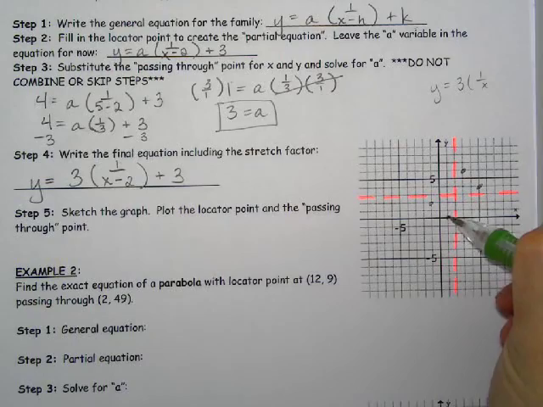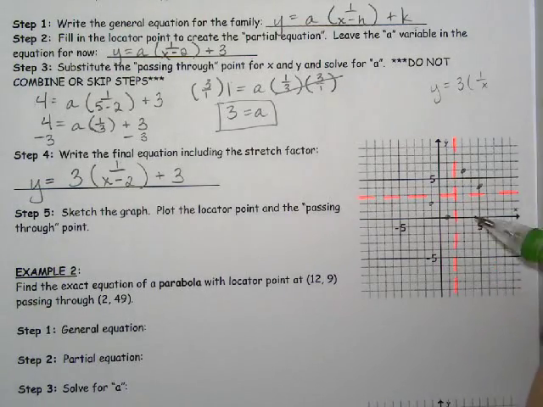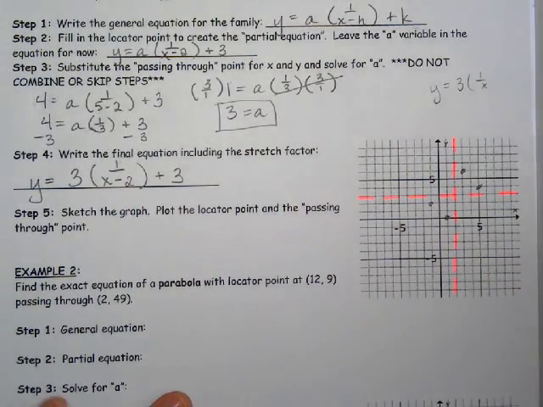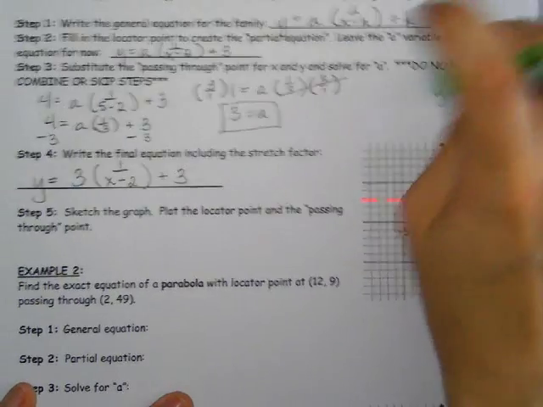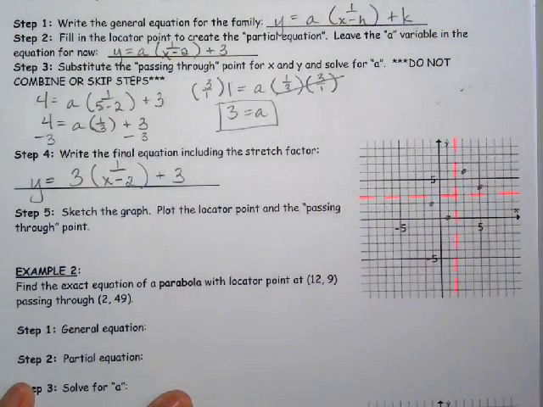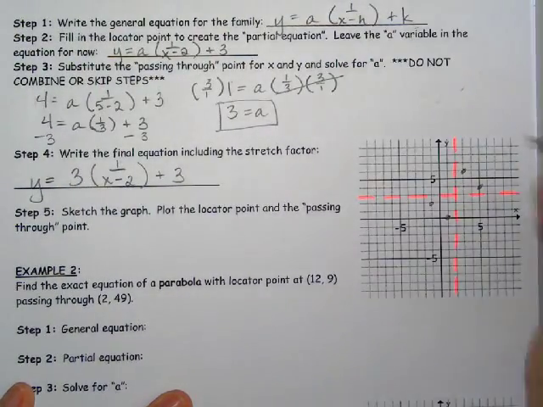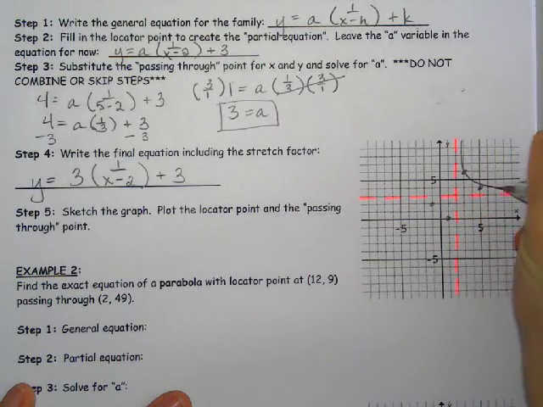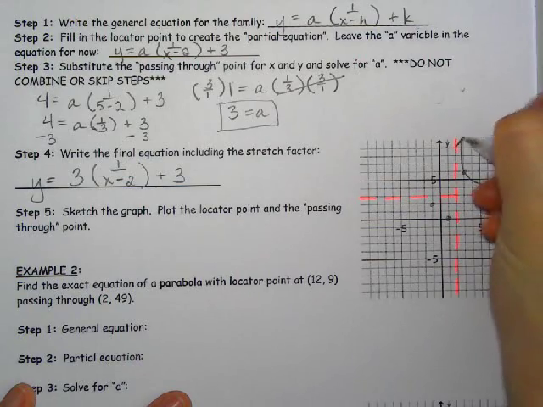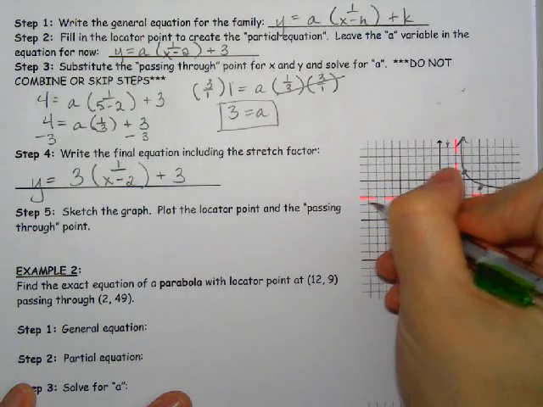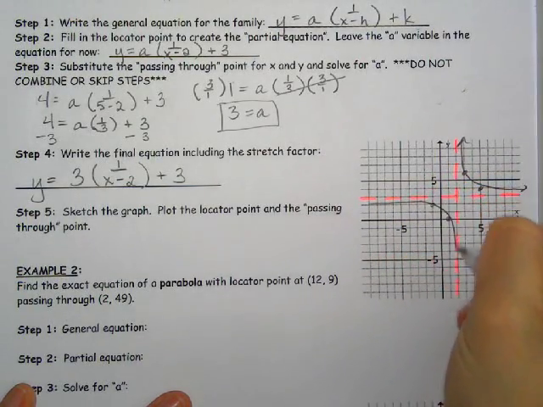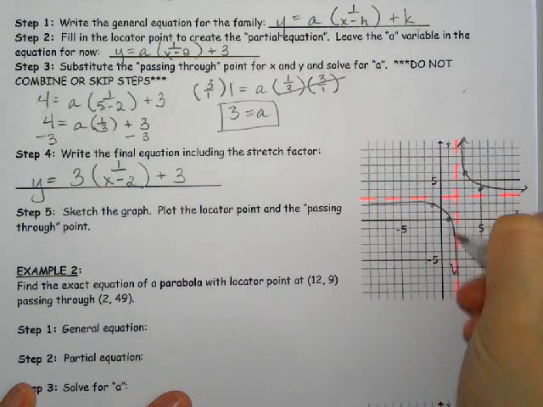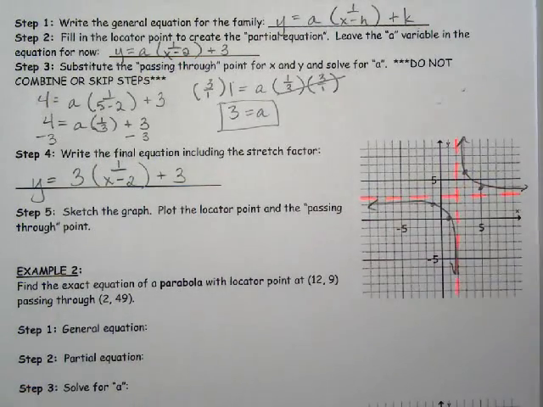That is confusing, and I know that's confusing, which is why I'm generally not going to test you on something like that with the hyperbola. But just know it's the general shape that's important. And that's supposed to go down next to the asymptote, not hitting it.